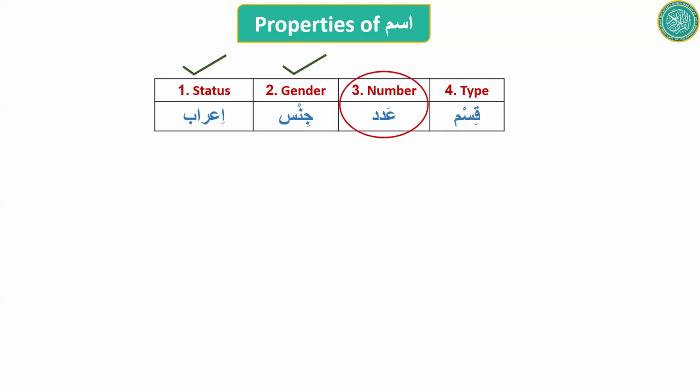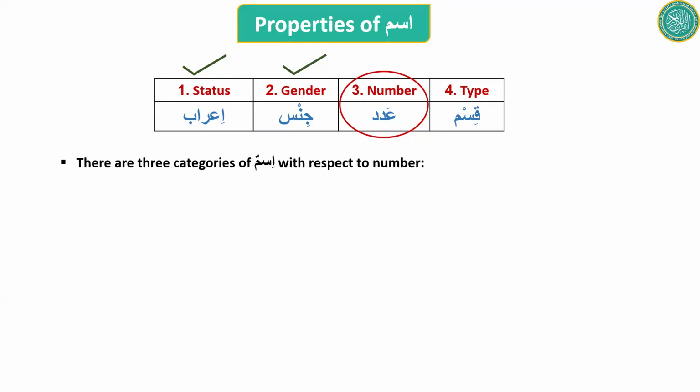You already know this actually, because when we learned the Muslim charts, at that time we learned the number two. I didn't mention that at that time, but you have learned that actually. So with respect to number, ism has three categories.